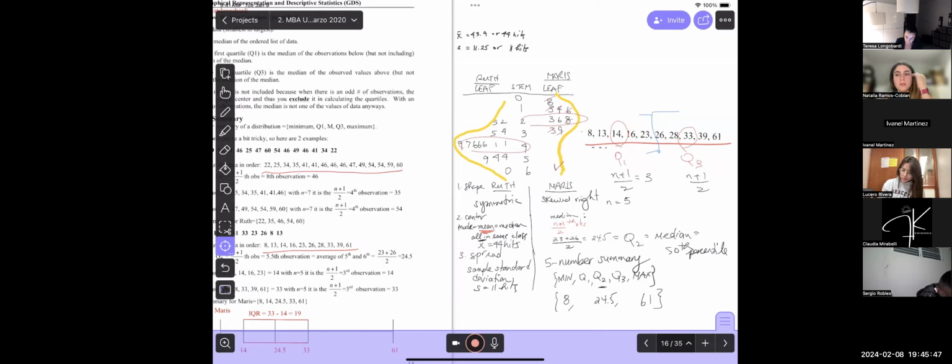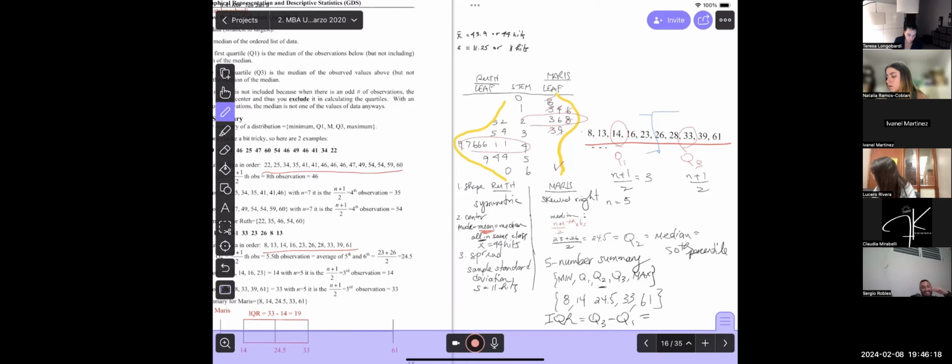All right, so let's write Q1. Q1 is 14 and Q3 is 33. So we get the 5-number summary, then what do we calculate? The IQR, which is the interquartile range.